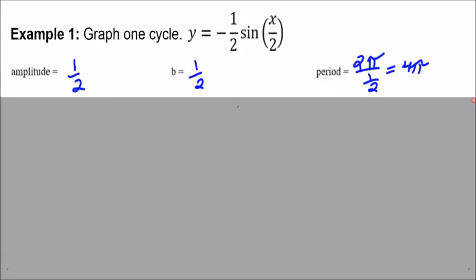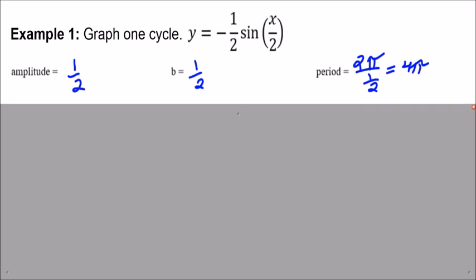So the first thing I just like to start with is figuring out the amplitude, value of b, the period. The amplitude is going to be a positive 1/2. And I know there's a negative 1/2 in front of the sine wave, but the amplitude's always a positive number because the amplitude is just a distance. It's a distance between your midline, which is your central axis, the horizontal line that cuts your wave in half.